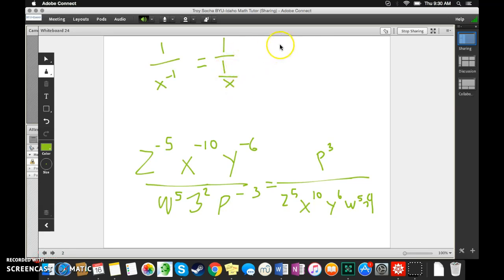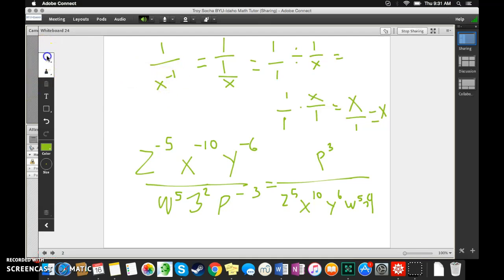We just know our properties of fractions. We have 1 over 1 divided by 1 over x. When we have that in a fraction, we just reciprocate and multiply. 1 over 1 times x over 1, which just gives us x over 1, or x. That's why we can remove this.